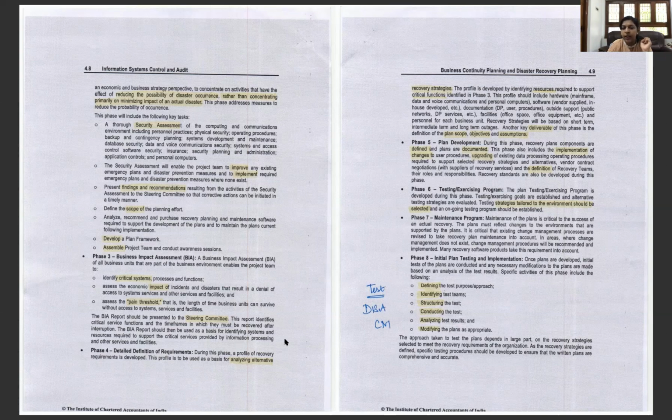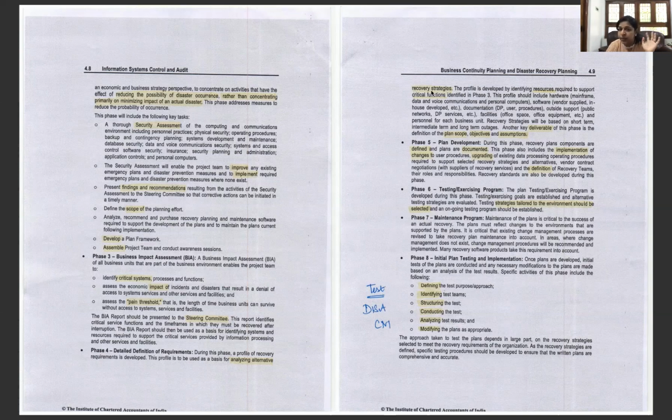The profile is developed by identifying resources and the critical functions to support. So we have resources on one hand and critical functions on the other. The resources which are required for the critical functions must be available, so both should be identified.